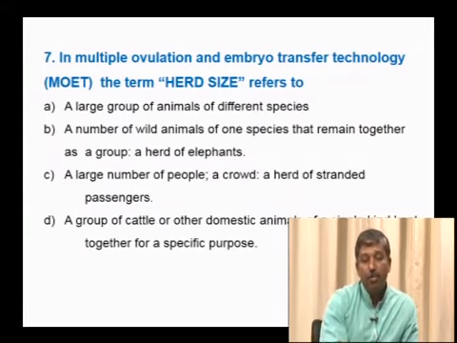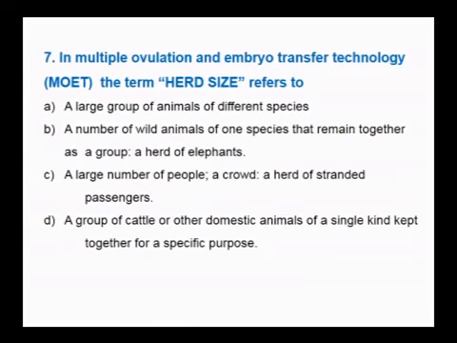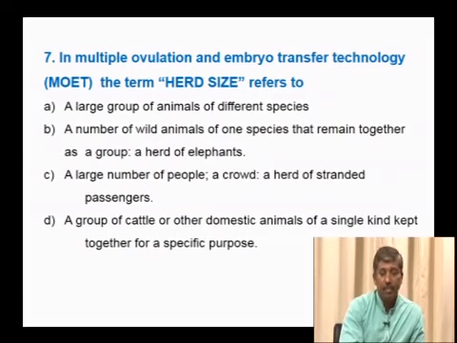So, in multiple ovulation and embryo transfer technology, the term herd size refers to. MOET and artificial insemination are controlled animal breeding techniques, generally used to increase the herd. Herd means a collection or group of animals. So, a large group of animals of different species? It can't be different species, but the same species.